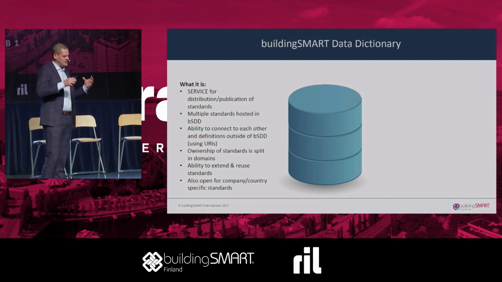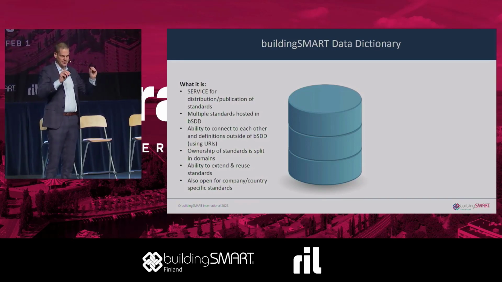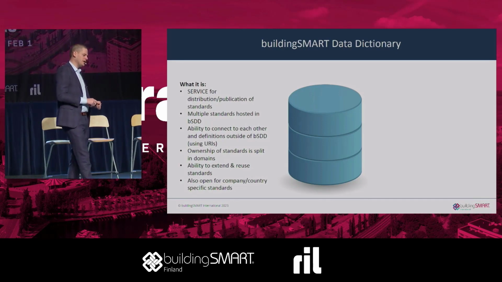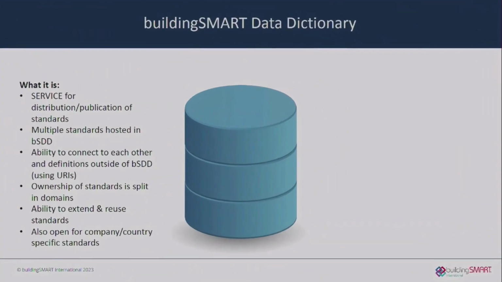So it also has the ability to connect all of these classifications and properties to other standards that are inside the bSDD. So you're creating this linked data network using URIs. I've warned you there are some technical side steps here. The ownership of all of these standards are split, so everything you put in there is owned by someone. It's published under a certain license.